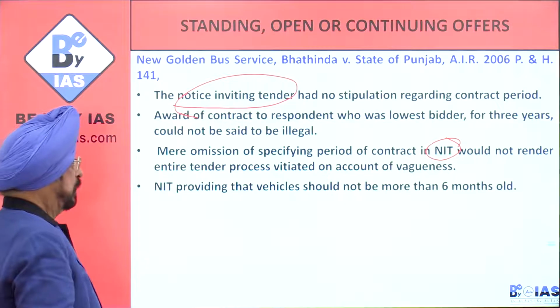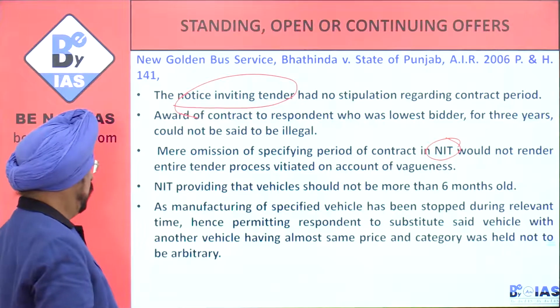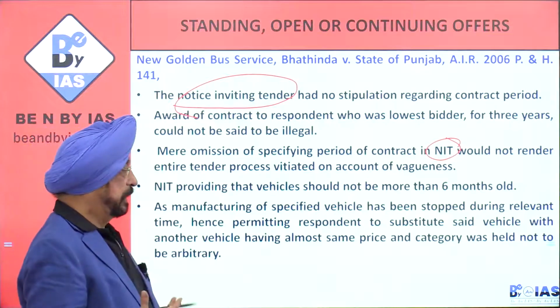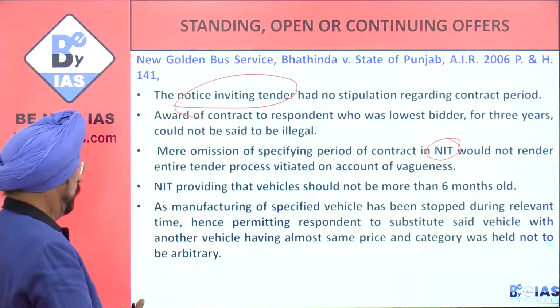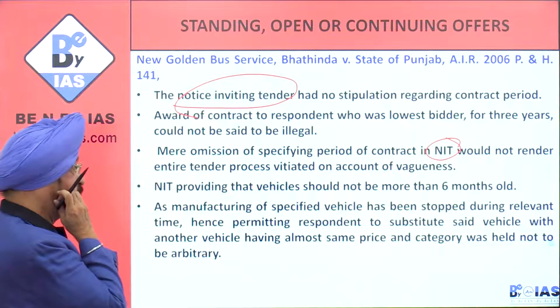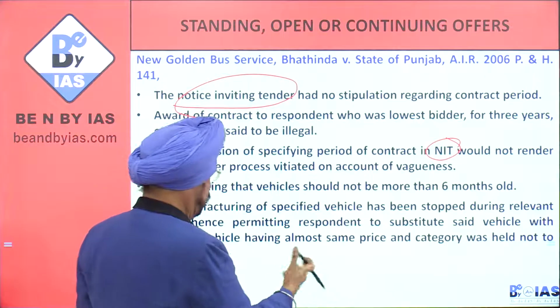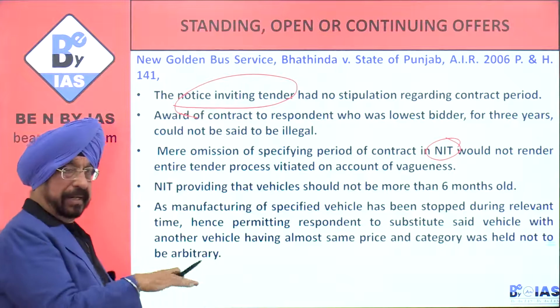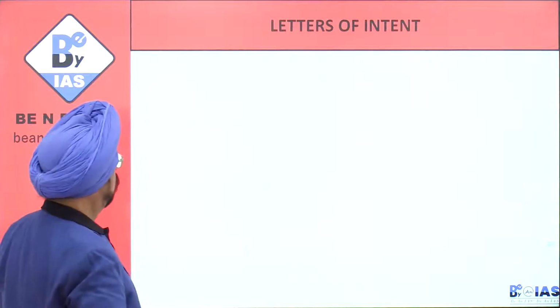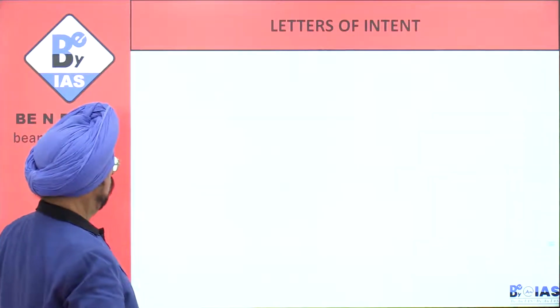NIT provided that vehicle should not be more than 6 months old. As manufacturing of specified vehicles had been stopped during relevant time, permitting respondent to substitute that vehicle with another vehicle was not arbitrary. It's a different story. So now we are coming to letters of intent.